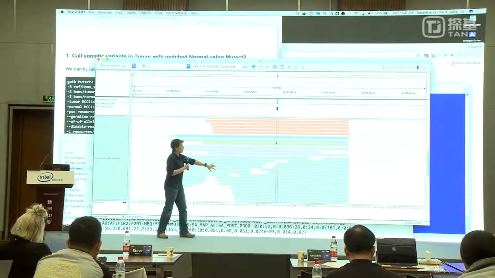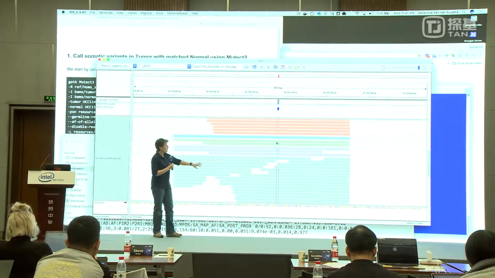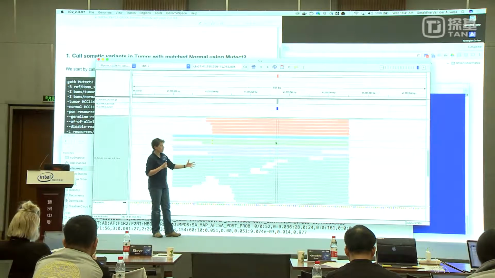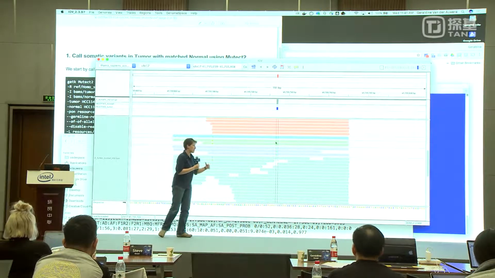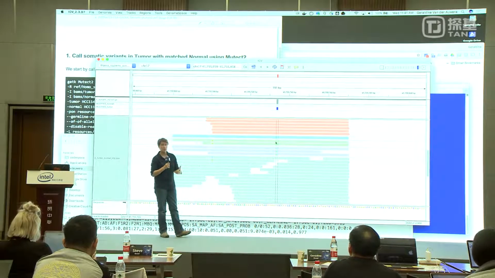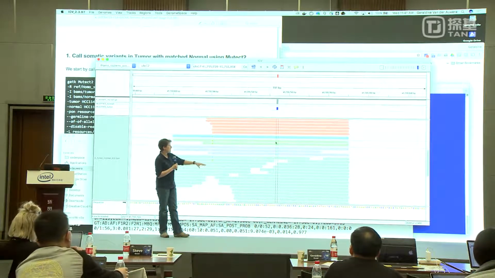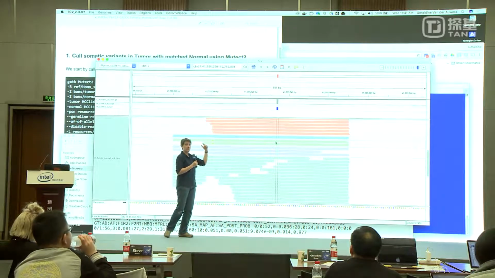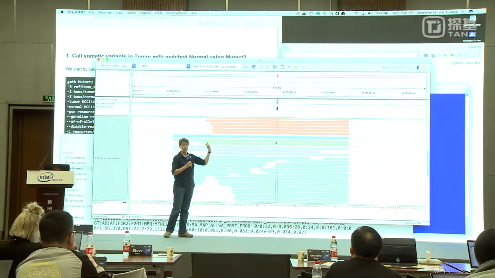The gray reads are the ones that are considered uninformative. For various reasons, there are conditions where we see that these reads do not help us decide which of the haplotypes is more likely.